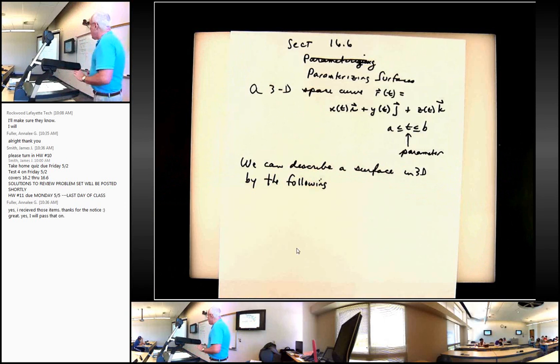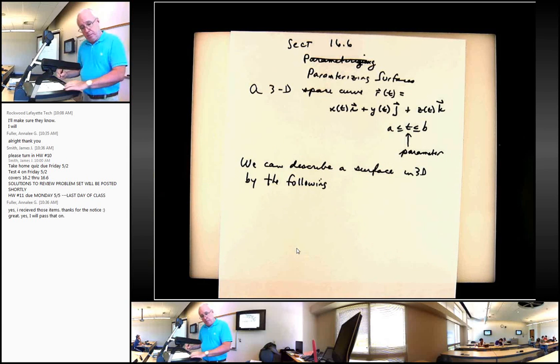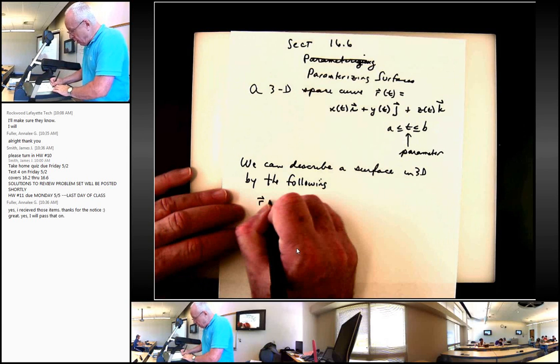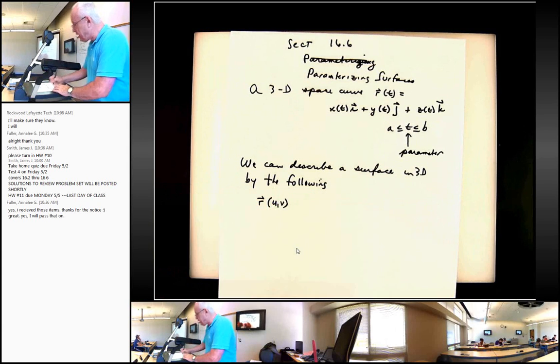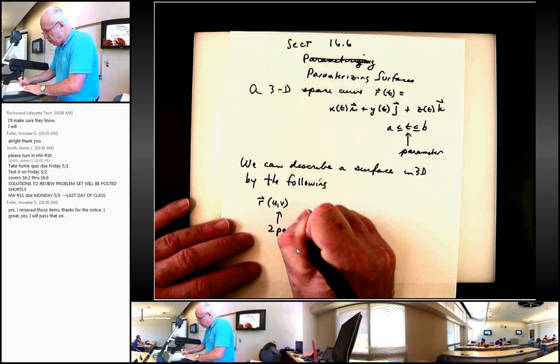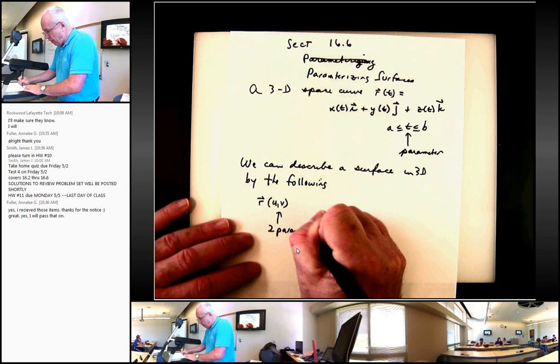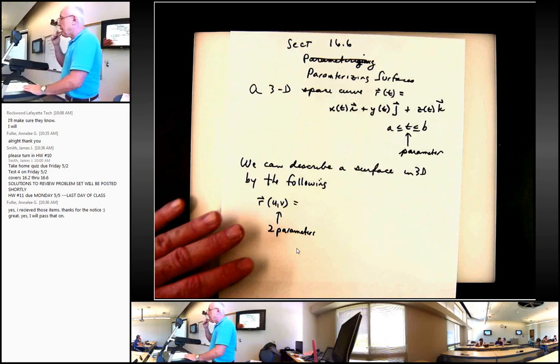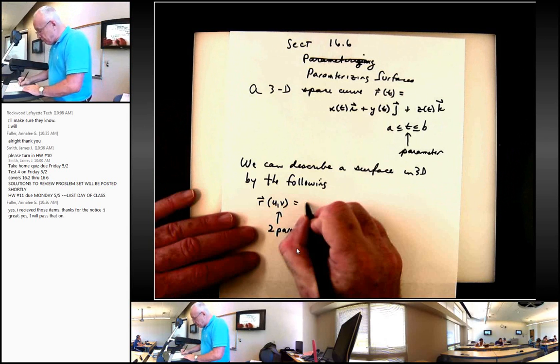This time we need 2 parameters because it's a 2-dimensional thing. So it would be R of u comma v, 2 parameters. And it's going to have x, y, and z components.